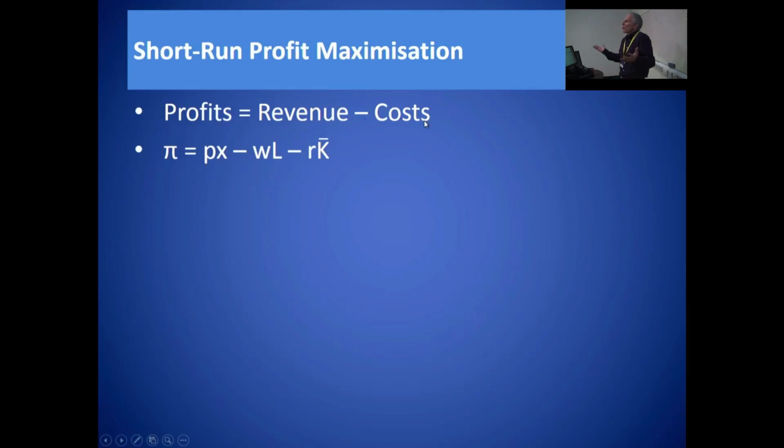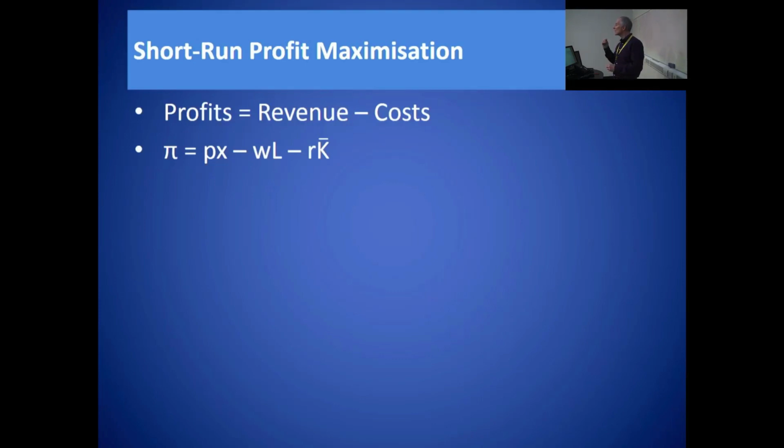Minus costs. Well, where do costs arise for this firm? Costs arise from the cost of employing the variable factor of production plus the cost of employing the fixed factor of production. So, labour is the variable factor of production.